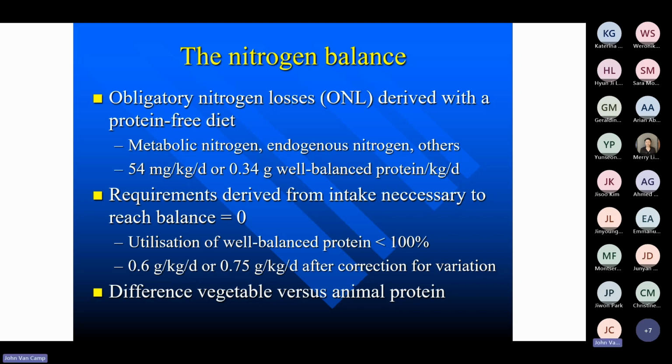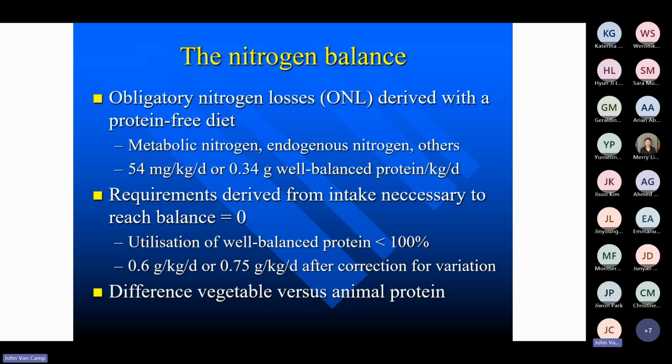So what are then the requirements that you need to reach a balance equal to 0? This is actually the so-called requirements. This is what you need to give to a person in order to have nitrogen balance equal to 0 and to compensate for the losses of nitrogen during the day.